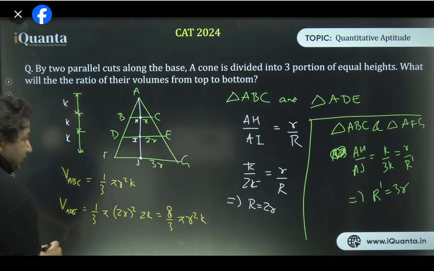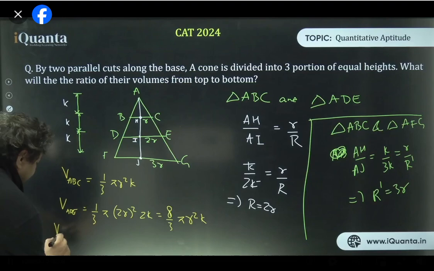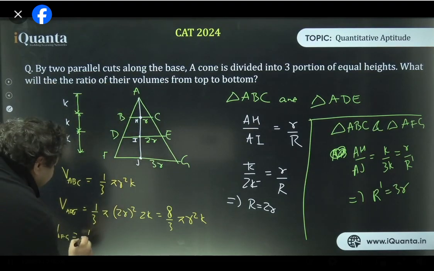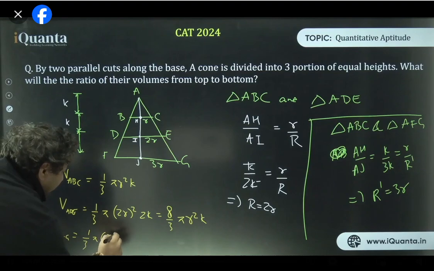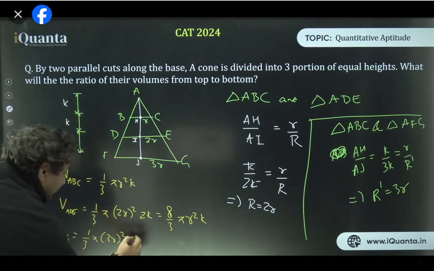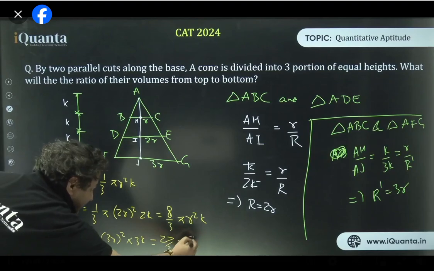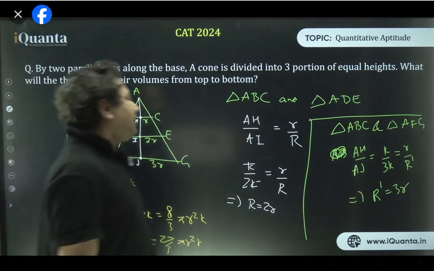And the last one, that is AFG, this whole radius कितना है 3r, height कितनी है 3k, so we'll have 1 by 3 pi square of 3r multiplied by this 3k. So 3 3s are 9, so 27. So we'll have 27 by 3 pi r square k as the volume of AFG. So now we have volume of all the cones.